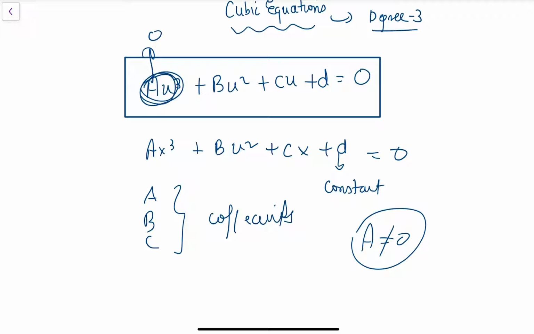So ax cube plus bx square plus cx plus d is equal to 0 is your cubic equation. The highest power of x, which is the degree, is 3. A, B and C are coefficients, with the condition that A cannot be 0, because if A is 0, the x cube term will go and the degree will not be 3. And D is any constant. It may be 0, it may be non-zero.